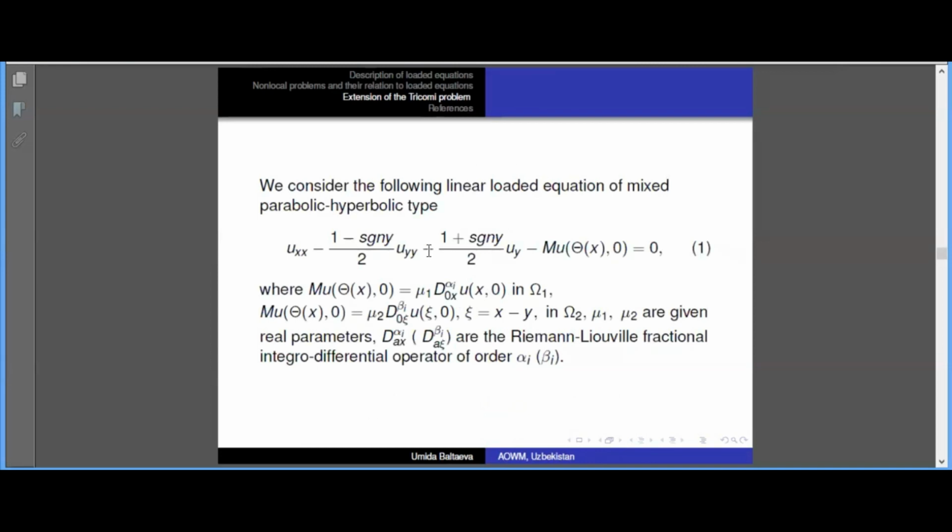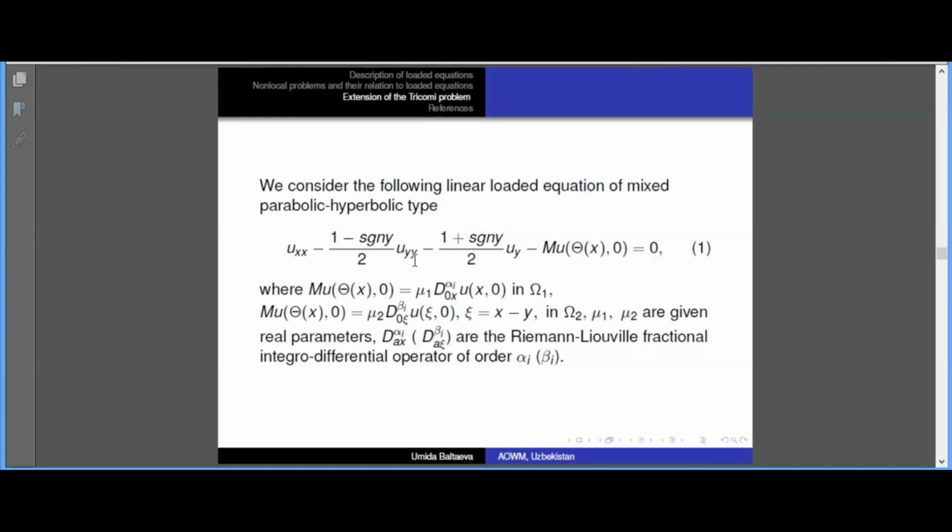We are investigating in the domain omega the following linear loaded integro-differential equation of mixed type. If y greater than 0, u_xx minus u_y is equal to the loaded part, and our equation is parabolic. If y less than 0, u_xx minus u_yy, our equation is hyperbolic.